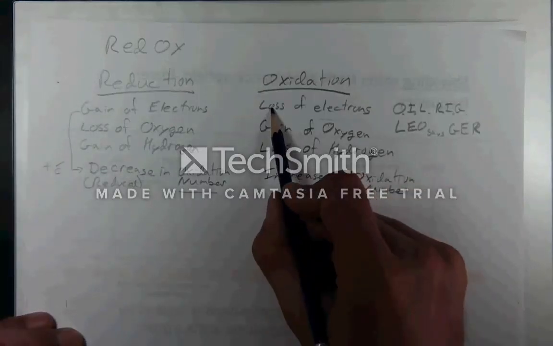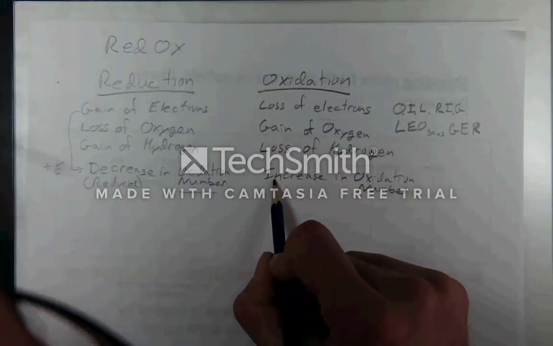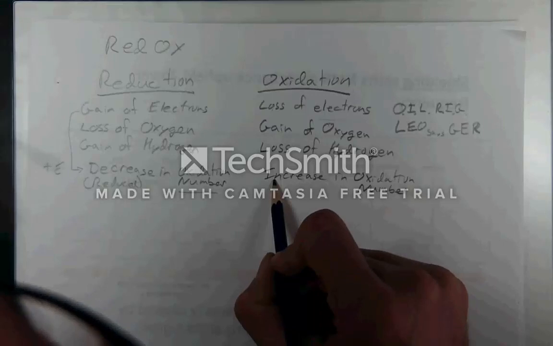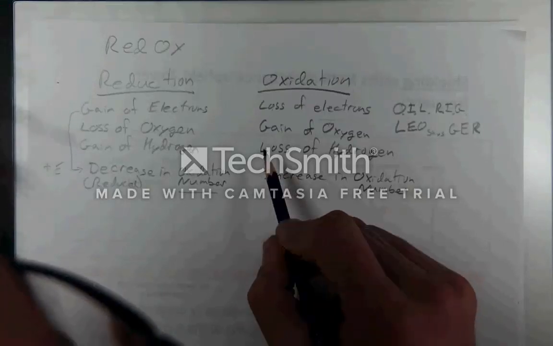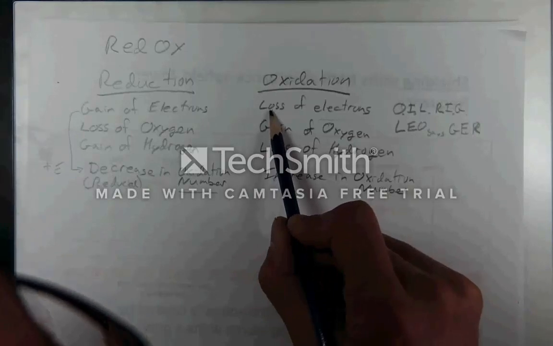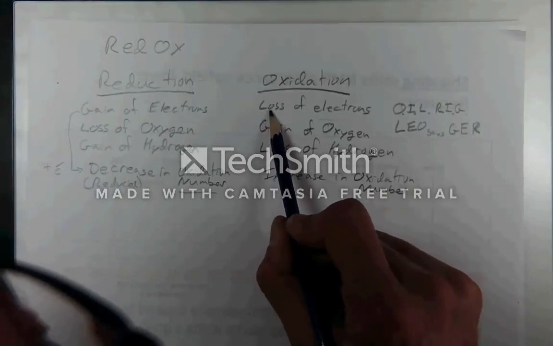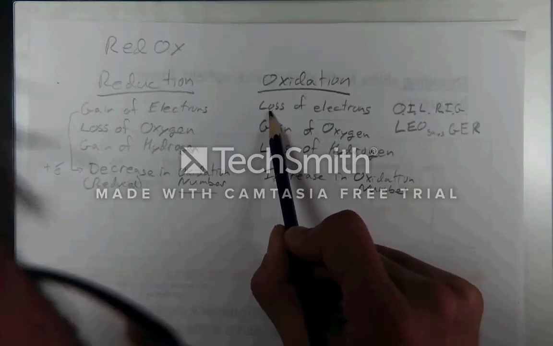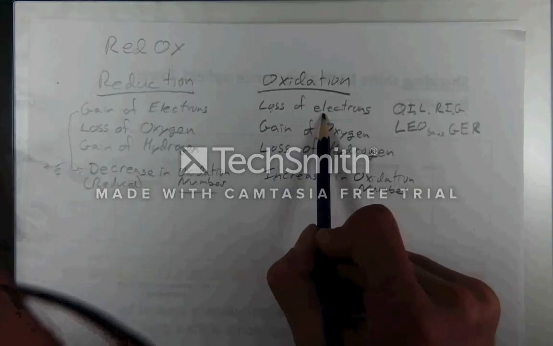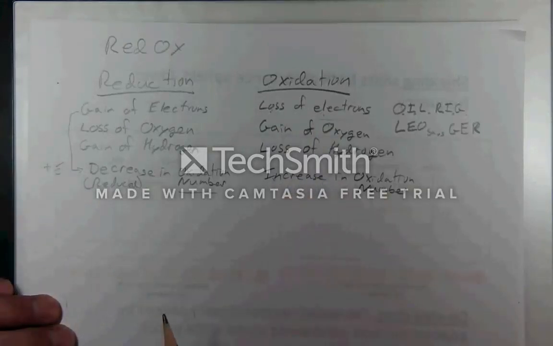Because we're losing electrons, we're losing a negative charge, the oxidation number actually goes up. You can think of it like your finances: if you discharge a debt, in other words, you pay off a debt, your net worth has gone up because you've lost something that's negative. You've lost that debt. So the oxidation number increases.